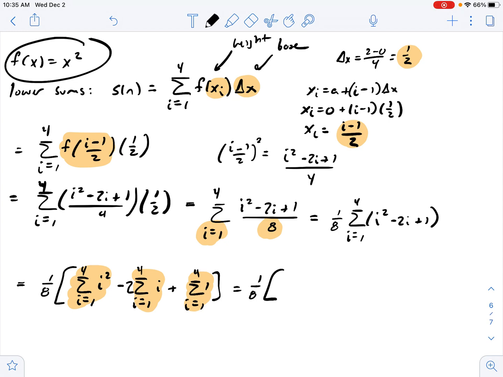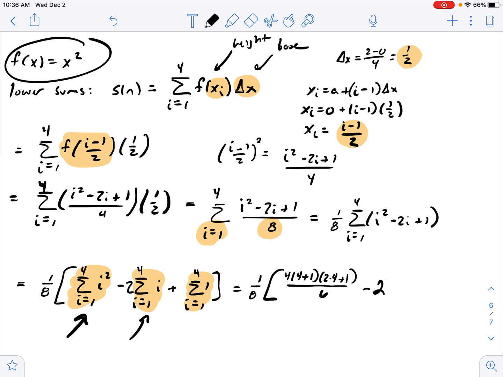So going through the notes, let's see, keep the 1/8 out front. The summation of i squared as i goes from 1 to 4. Well, that was n times n plus 1, 2n plus 1, all over 6. That's the value of that.